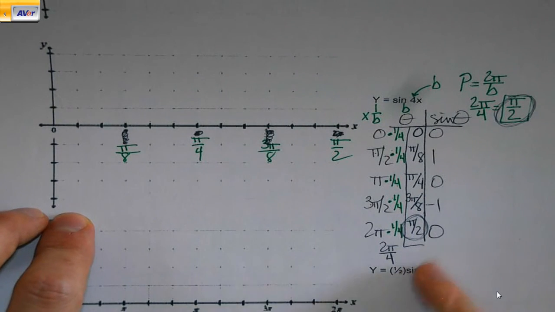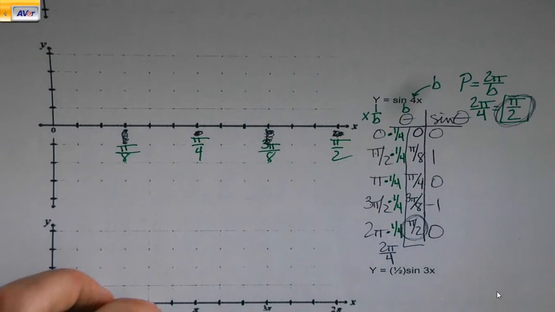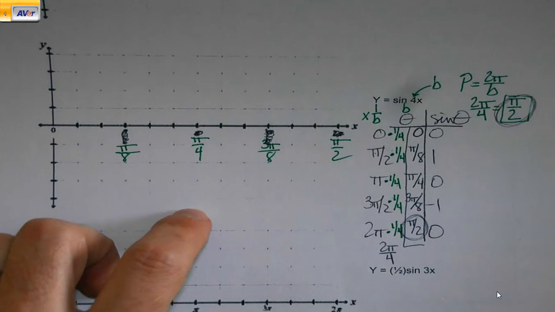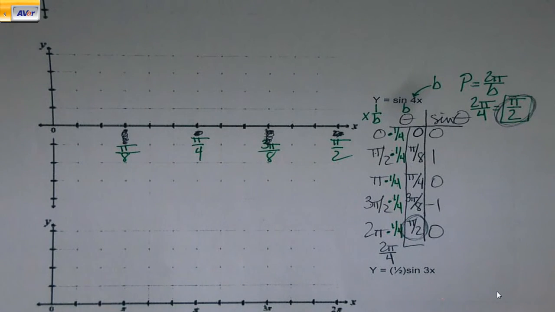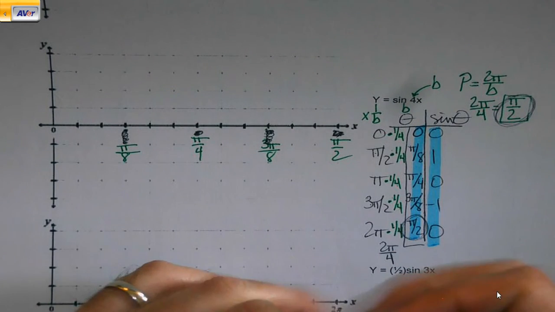So you're like, okay, so what about these? Do we multiply them by something again? Not unless there's a number out front. So this time, what I see right here is what I'm graphing.